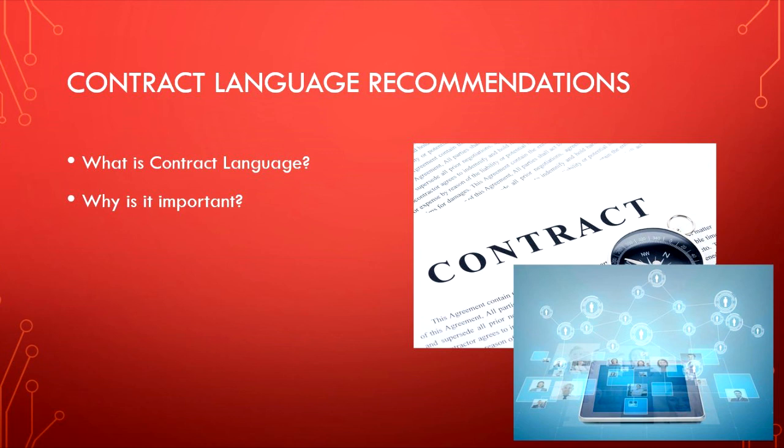And then when you take a look at the recommendation for understanding capacity, contract signers must have the capacity to agree without any outside influence. Signers must also have the capacity to understand the actual contract language.